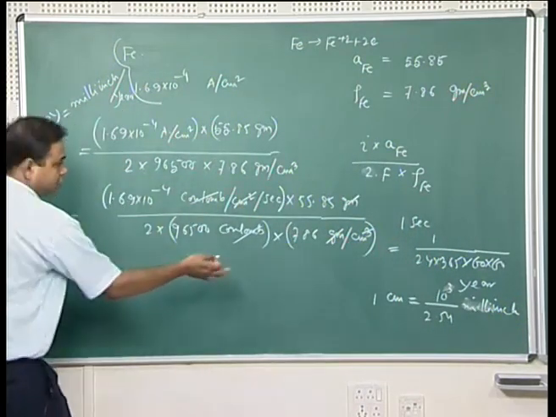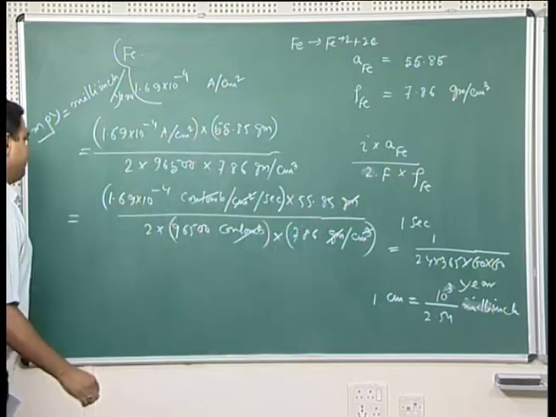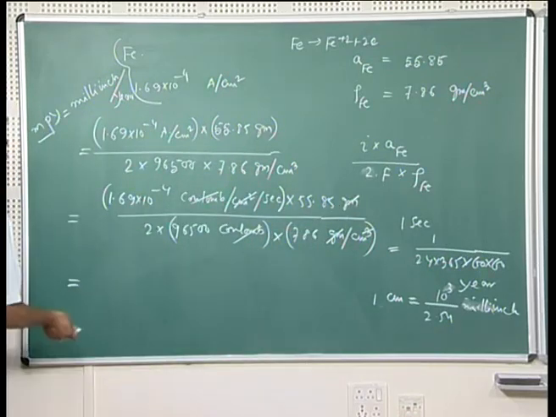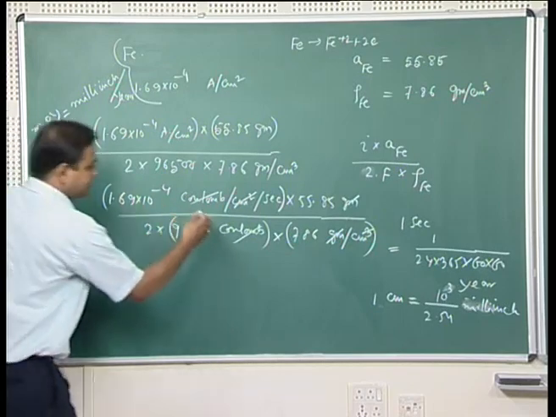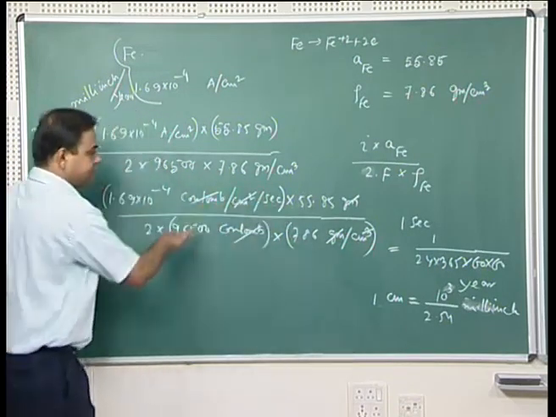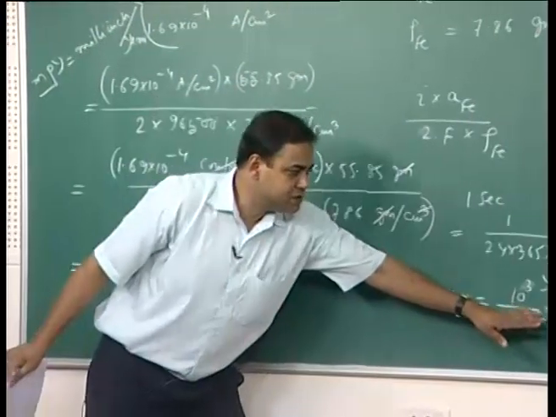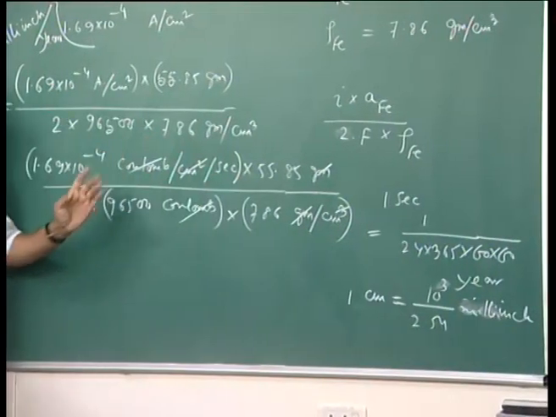Now, you put all the values in this, and you will see that the unit coming out after cancellation is nothing but milli-inch per year.